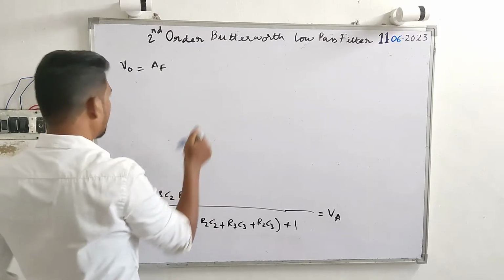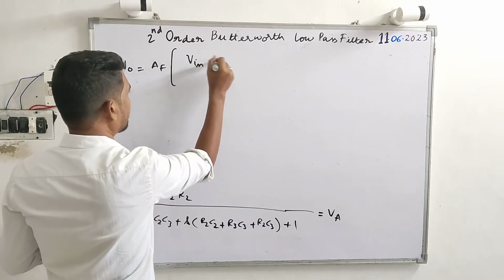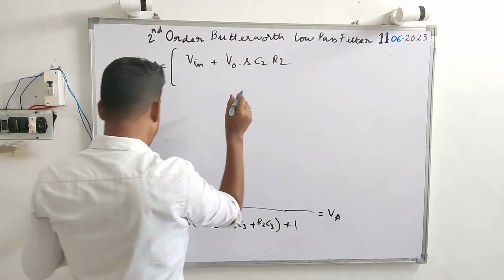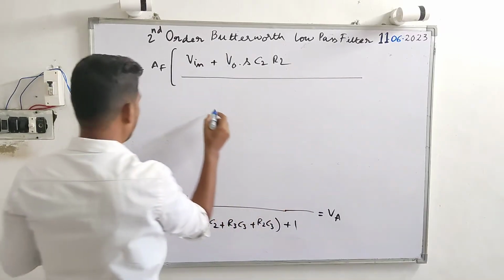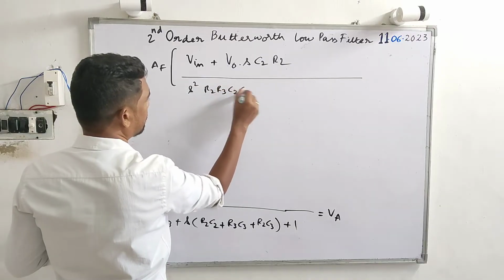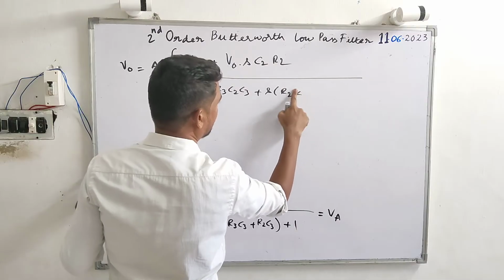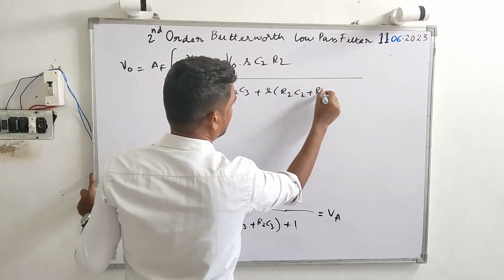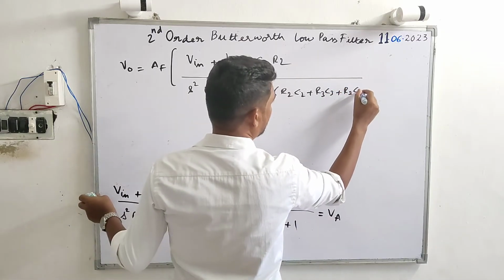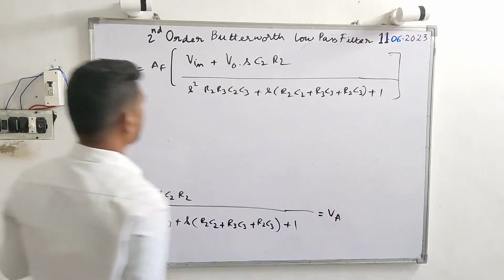Alright, so what is VA? It's braces, V in plus V naught into S C2 R2 repeats as it is upon, what do we have? It's S square R2 R3 C2 C3 plus S times R2 C2 plus R3 C3 plus R2 C3, close the braces, plus 1, close it entirely.